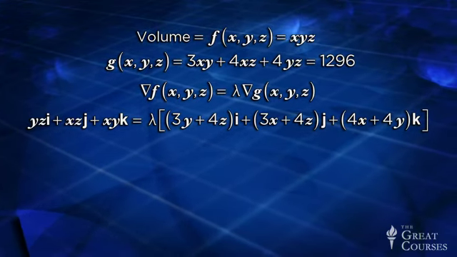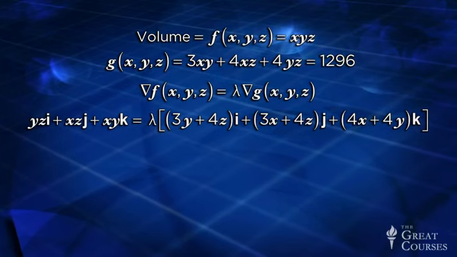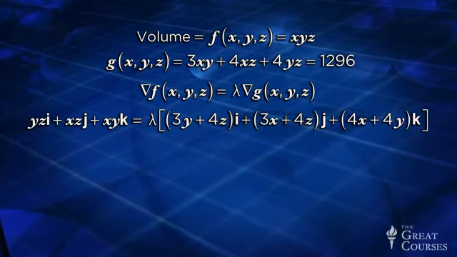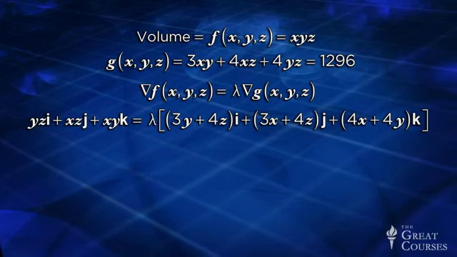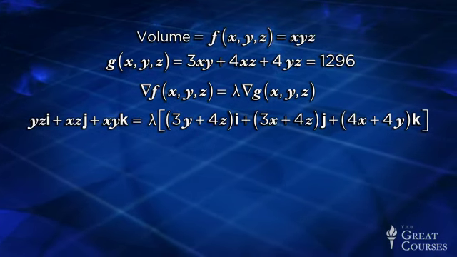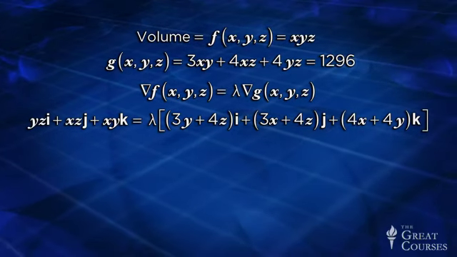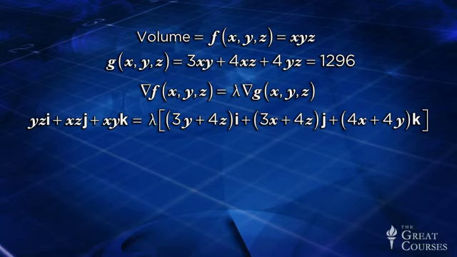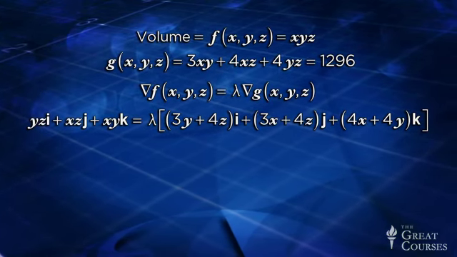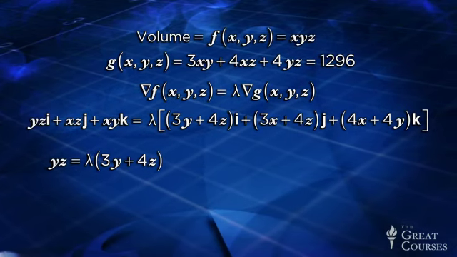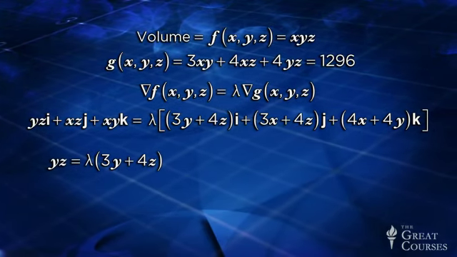I obtained that by differentiating the function g with respect to x, then with respect to y, and then with respect to z. Well, now we have 4 equations and 4 unknowns. Let's stare at those equations for a moment. We equate the i components, and that gives yz equals lambda times (3y plus 4z).